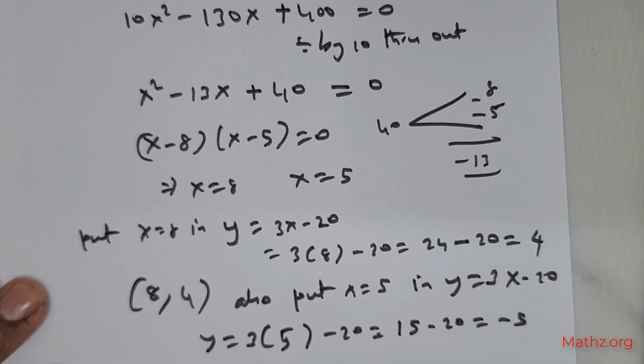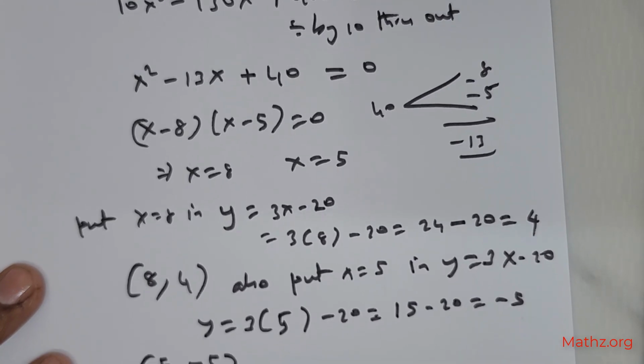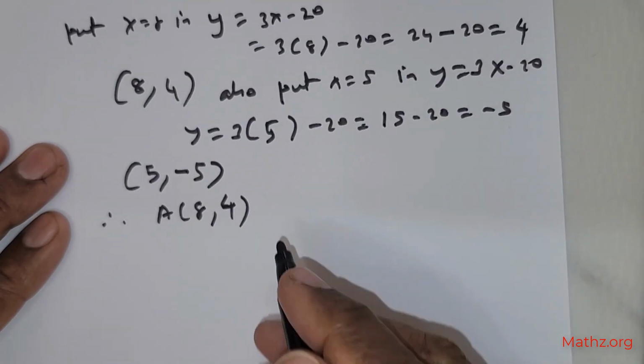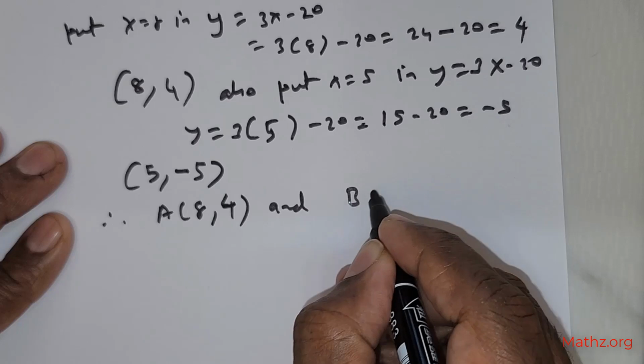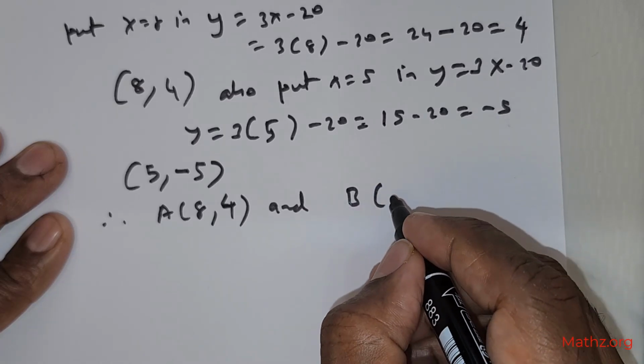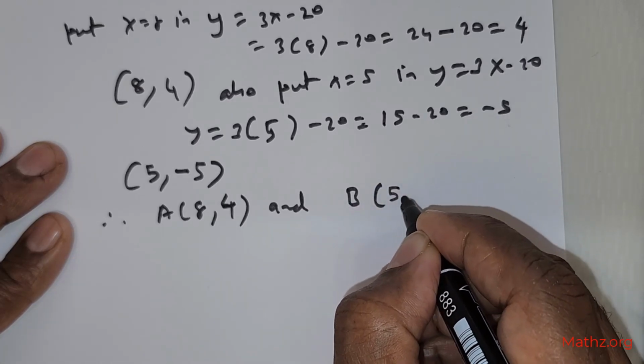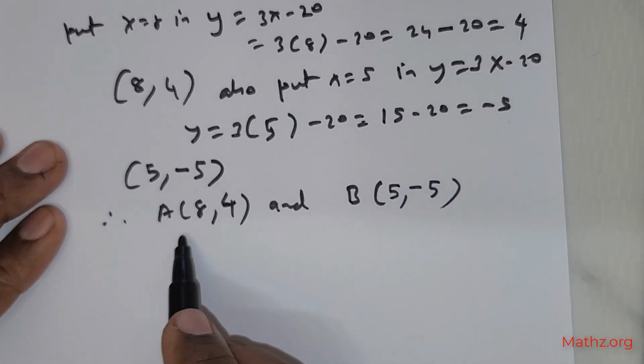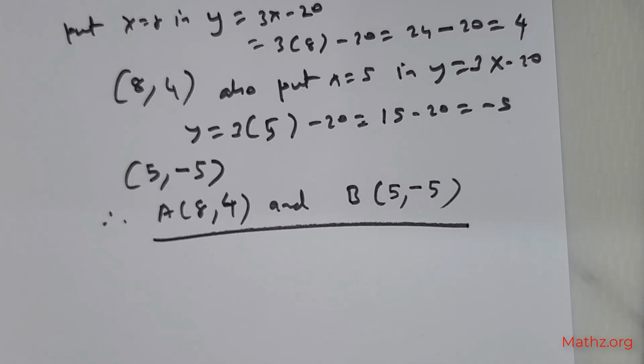So therefore you can actually have the coordinates of A and B. So A is going to be 8 comma 4, and B is 5 comma negative 5. So that is the solution for this question.